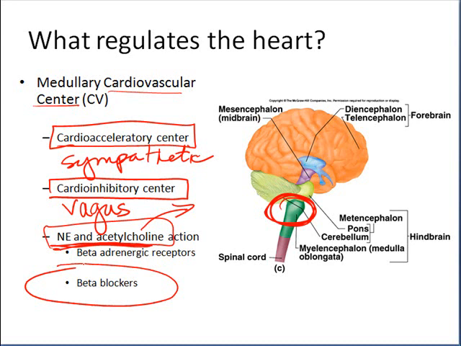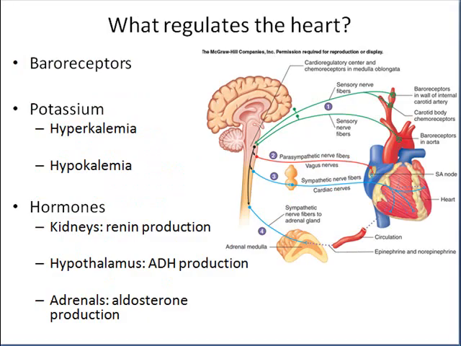We also have some other agents that contribute to regulation of heart behavior. Those include baroreceptors. From 201, you'll remember baroreceptors are receptors that are in charge of monitoring blood pressure. Baro relates to pressure, so like a barometer measures atmospheric pressure, a baroreceptor measures blood pressure within the circulatory system. You have baroreceptors, for example, located in the aorta, and there are also some located in the carotid body.